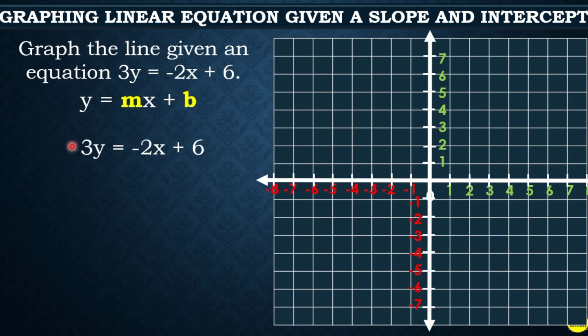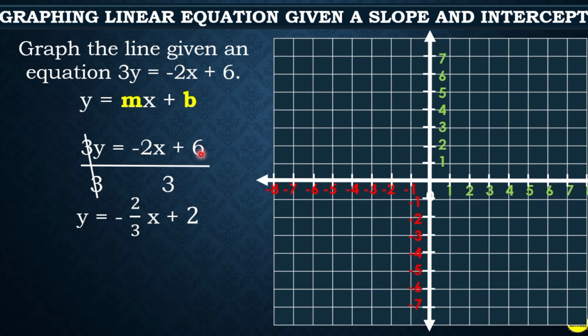So, we will have 3y equals negative 2x plus 6. Isimplify muna natin. Para makancel ito, divide natin both sides by 3. So, makakancel na ngayon si 3. And then, we will have y na lang. And then, negative 2/3 x. Since hindi naman yan masisimplify na, negative 2/3 x na siya.